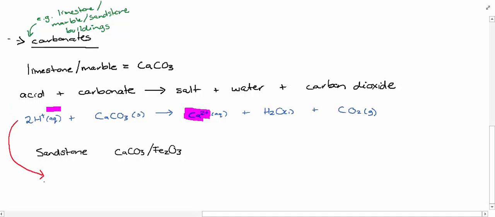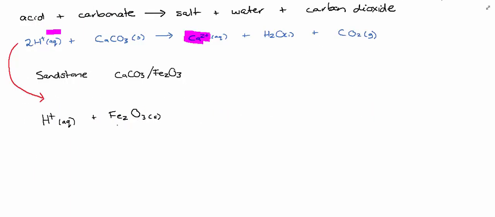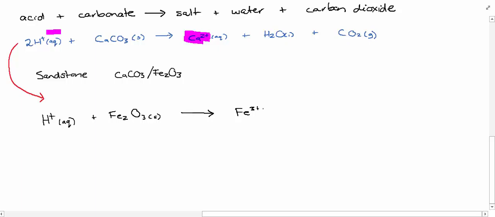So you're going to have your acid reacting with the iron oxide. So what you should hopefully recognise again here is we have got an oxide that is reacting with an acid. So this is another example of a reaction of a basic oxide. So it'll be exactly the same as every situation where we've got a basic oxide reacting with an acid, and that is where we end up with the metal cation and water.